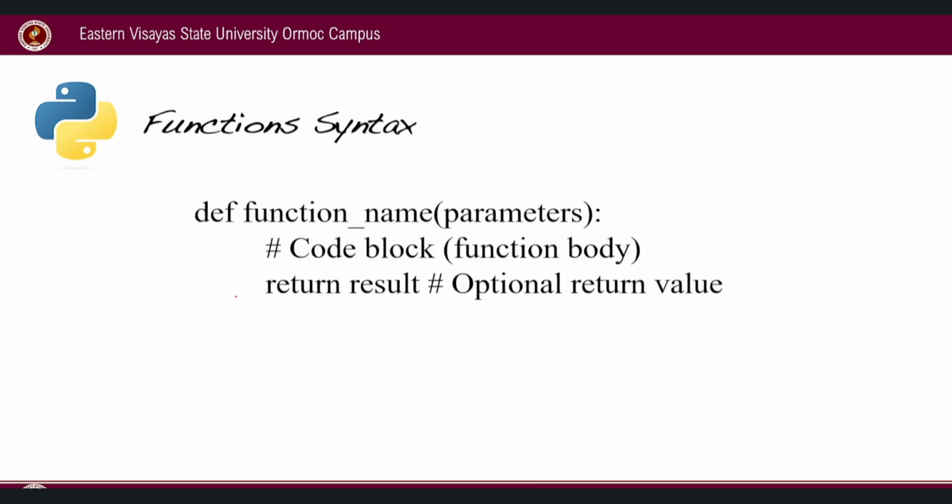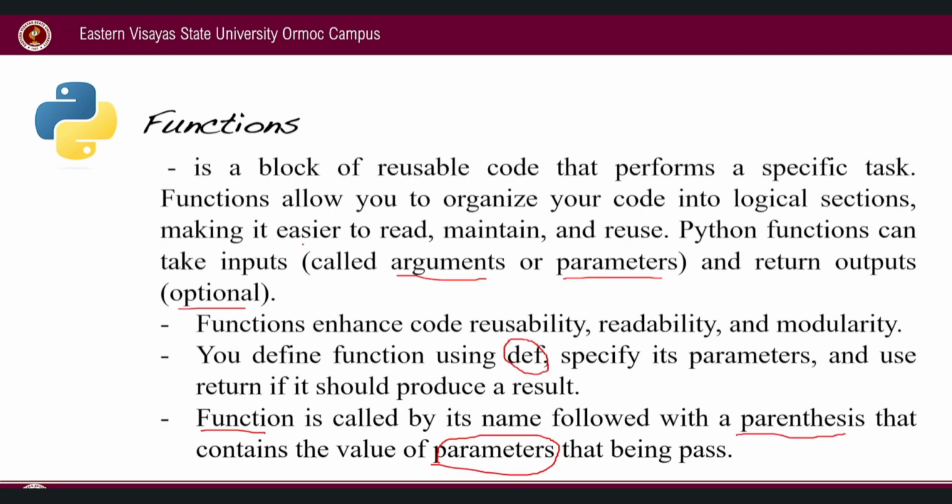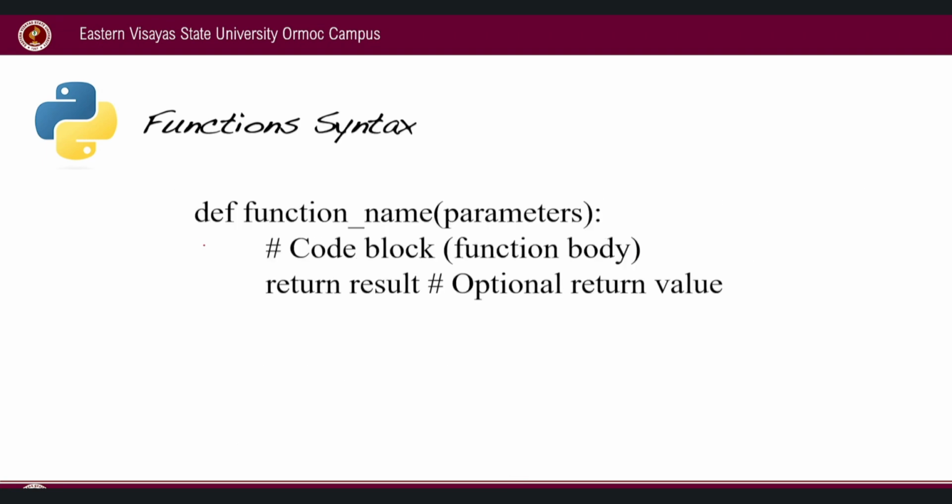So we have here a function syntax. So again, a function is defined using the def. Okay, so we have the def, the function name, next is the open parentheses and our parameter values, close and colon in Python.